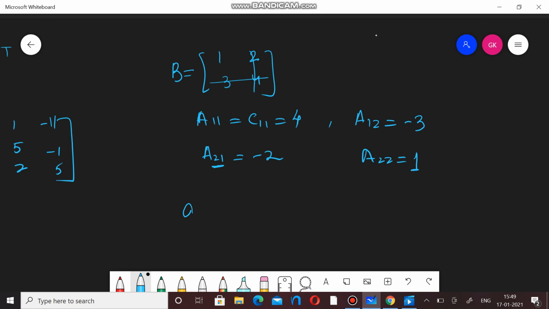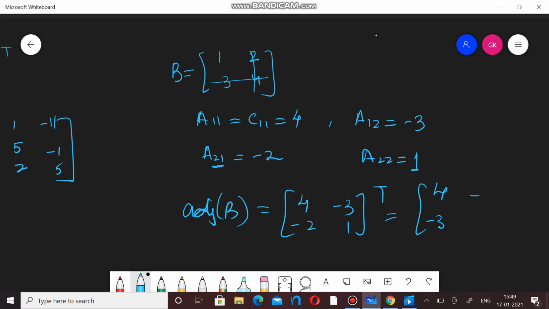Now what will be the adjoint of this matrix? Adjoint will be the transpose of the cofactors. Write down the cofactors: 4, minus 3, minus 2, 1. And now have a look here. You are getting 4, minus 3, minus 2 and 1. Have a look at the given matrix.